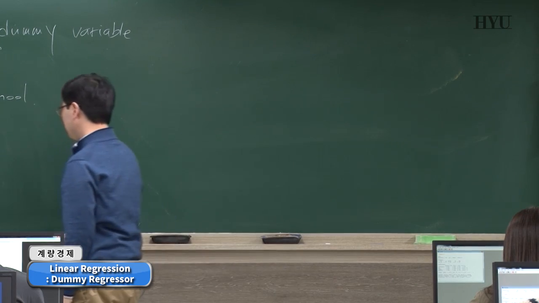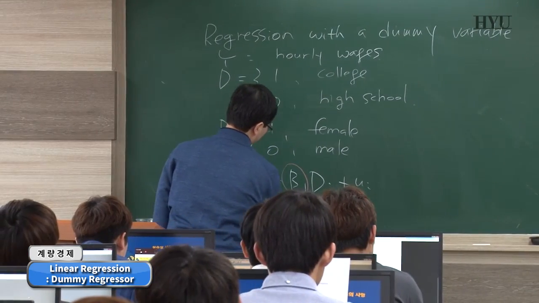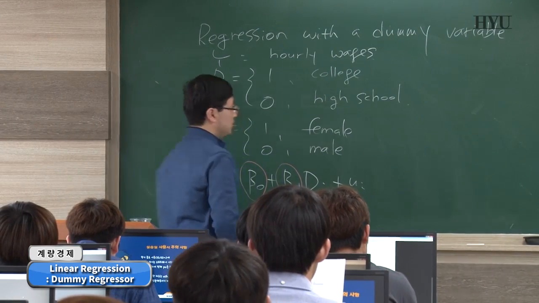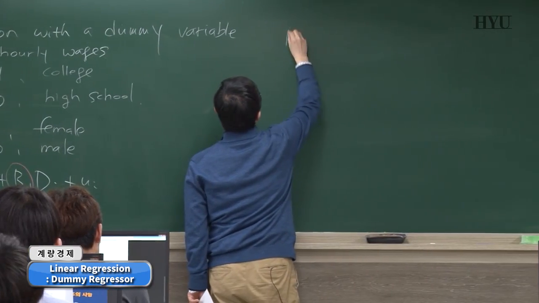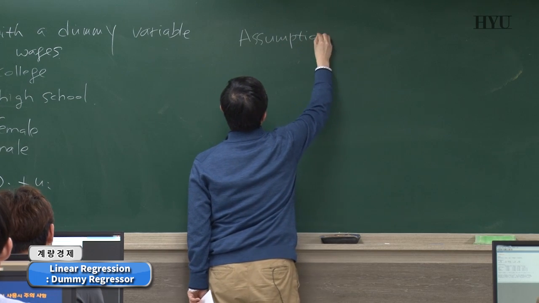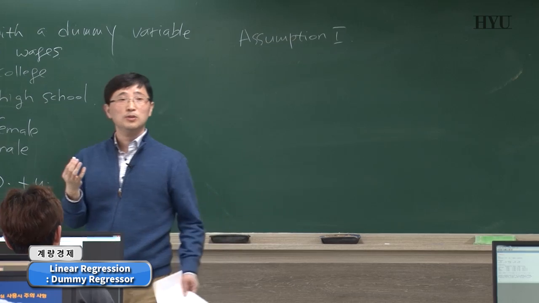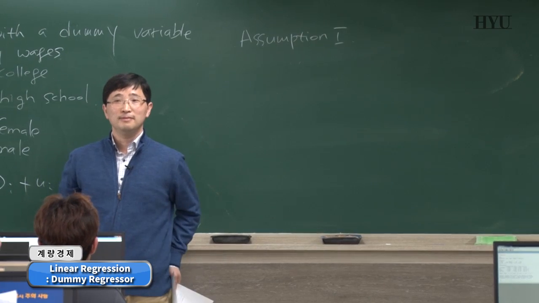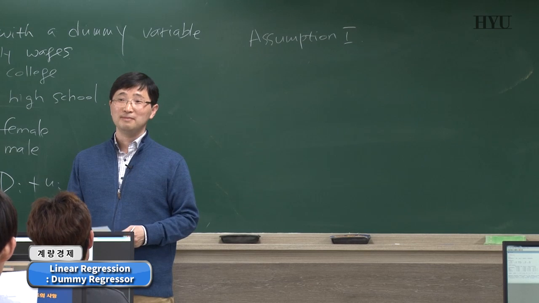Now the question is, what is the meaning of beta 1 and what is the meaning of beta null, the intercept? Do you remember these three regression assumptions? The first one is the most important, right?